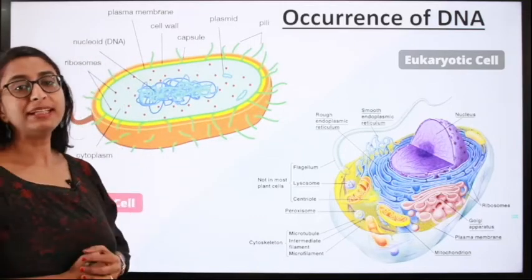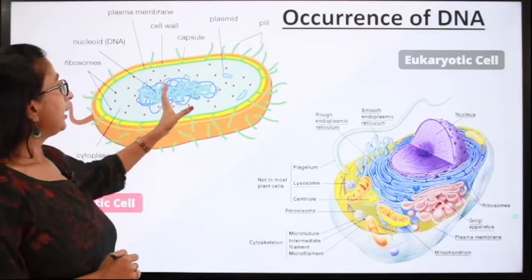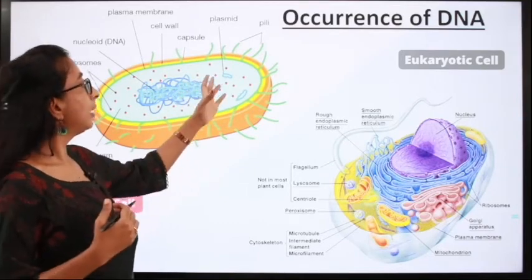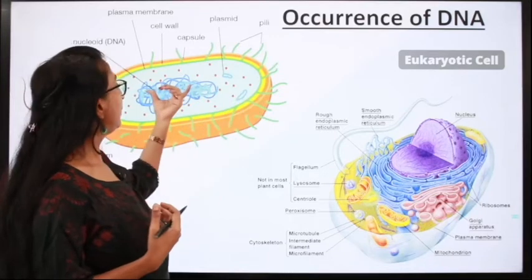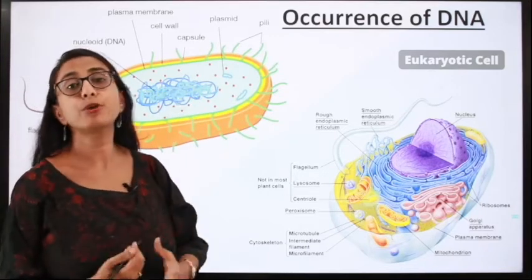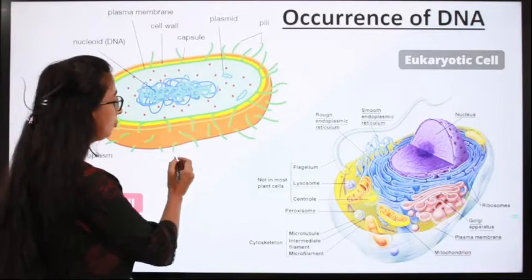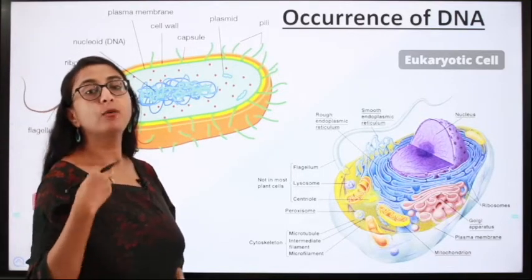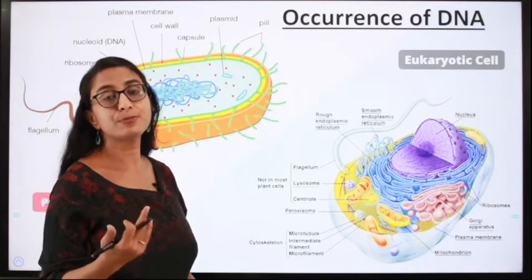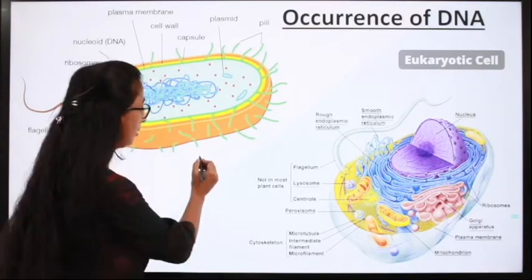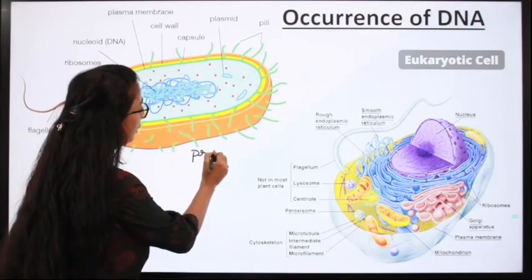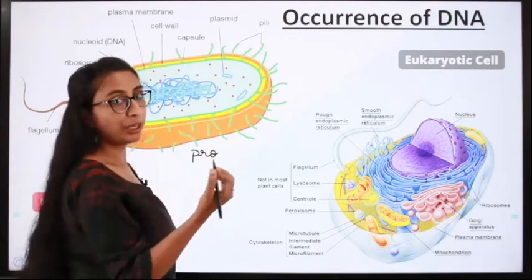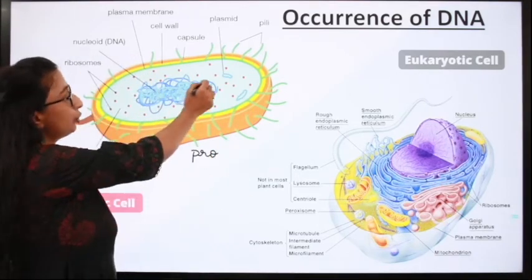The question can be like this: What are the additional DNA other than the nucleoid DNA that is present in a prokaryotic cell? So the question can be, what is the additional DNA that is present in a prokaryotic cell apart from this nucleoid DNA?